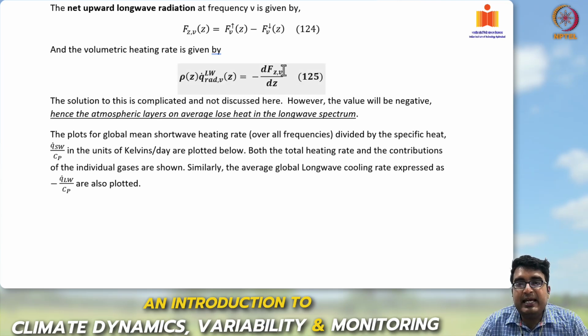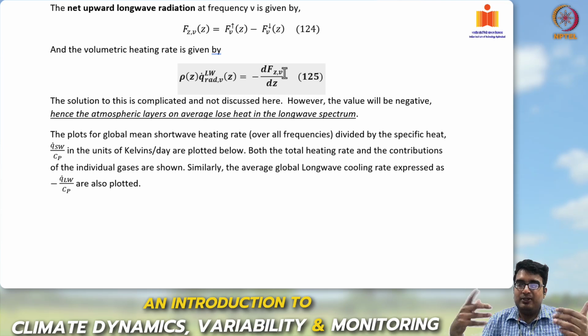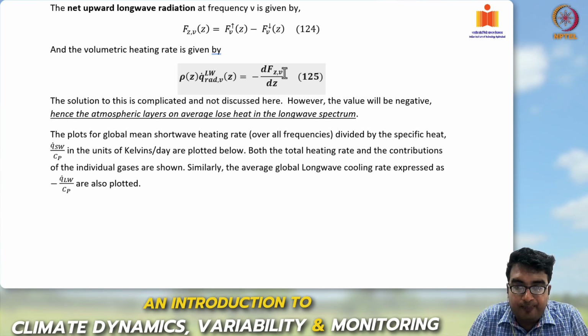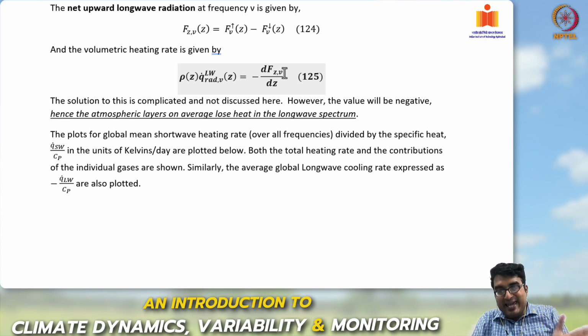So the dF z nu by dz term is positive, so this term is actually a negative term. So the atmospheric layers are actually losing heat. So the cooling rate is positive. So the atmospheric layers on average lose heat in the long wave spectrum. So the atmospheric layers gain heat in the short wave spectrum and lose heat in the long wave spectrum.